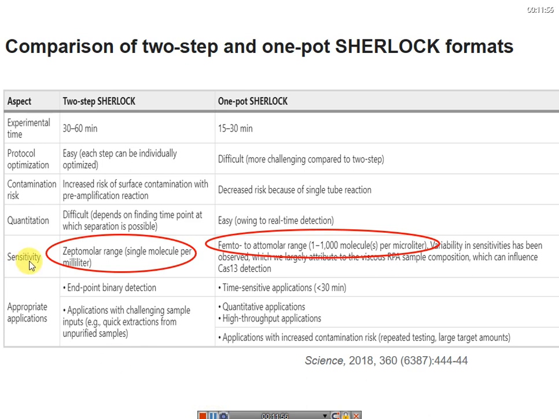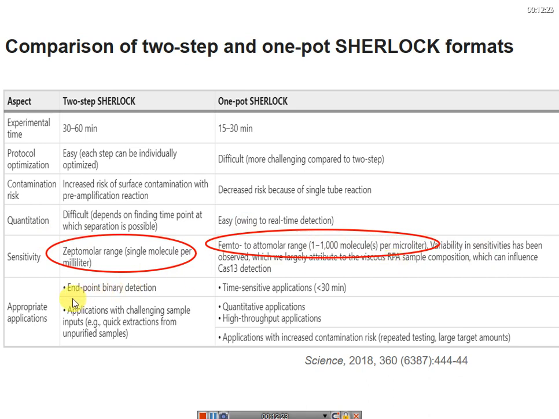The sensitivity of two-step Sherlock is in the zeptomolar range, that is, it can detect a single molecule per ml, while one-part Sherlock is in the femto to attomolar range. So we can detect the presence of one molecule per ml. Okay, 1 to 1000 molecules per ml. So this is the difference.